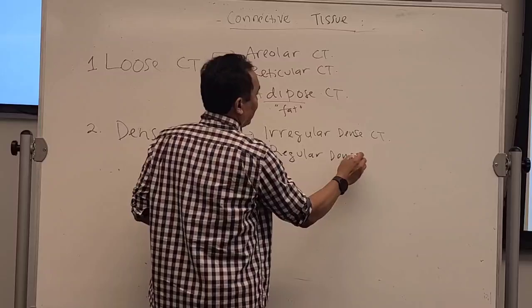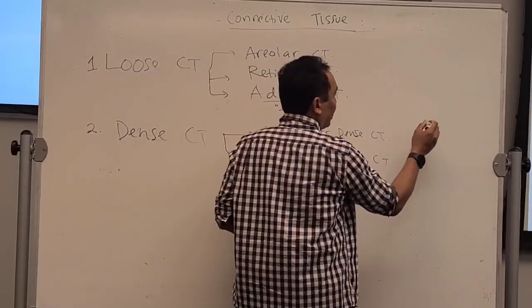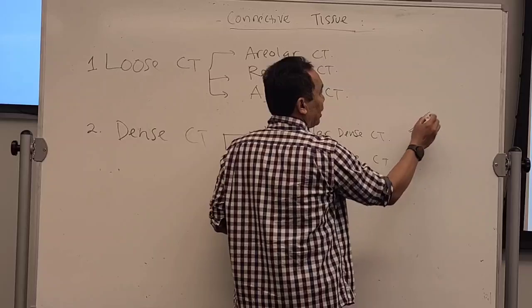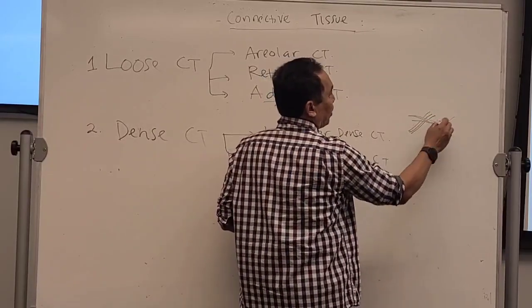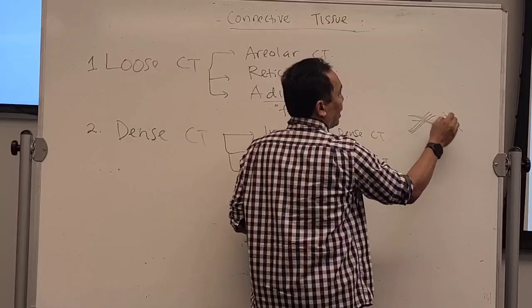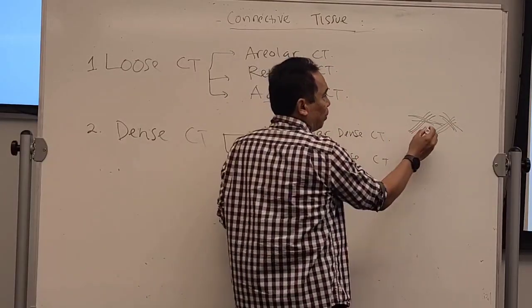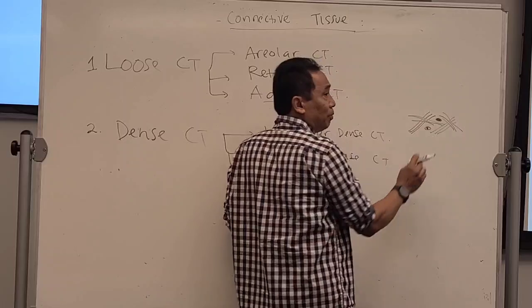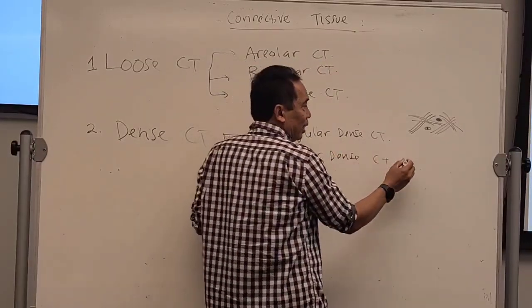dense connective tissue. Okay, so if it is irregular, let's say this is collagen fiber or elastic fiber, maybe looks like this. They just make an irregular way. So maybe you have a cell over here, another cell over here. If it is regular, what happened?